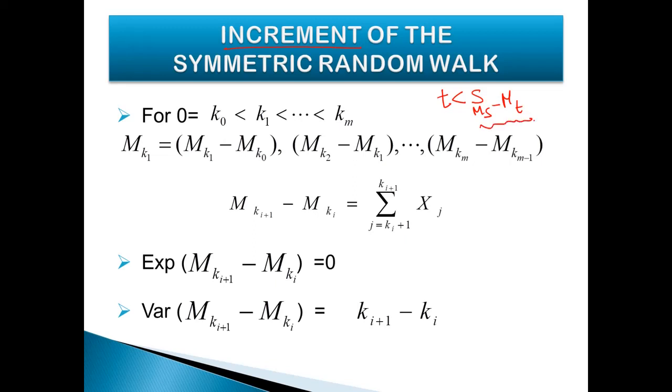Formally, suppose we have 0, 1, 2, 3, 4, 5, 6, this is the whole sequence, and then you consider only some of the elements. Suppose 0 is the first element, the second element is maybe 1, but the third element is no more 2, it's 3.